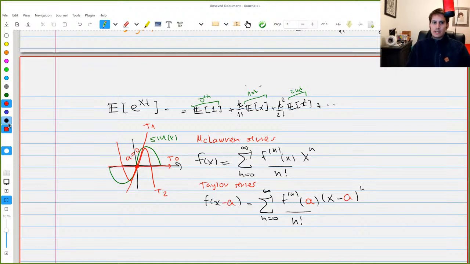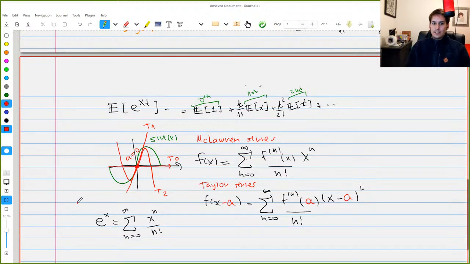And for the particular example of e to the x, the derivative of e to the x is always e to the x, right? And when you evaluate e to the x at 0, that gives you 1. And therefore the summation that is equal to e to the x is just x to the n divided by n factorial.